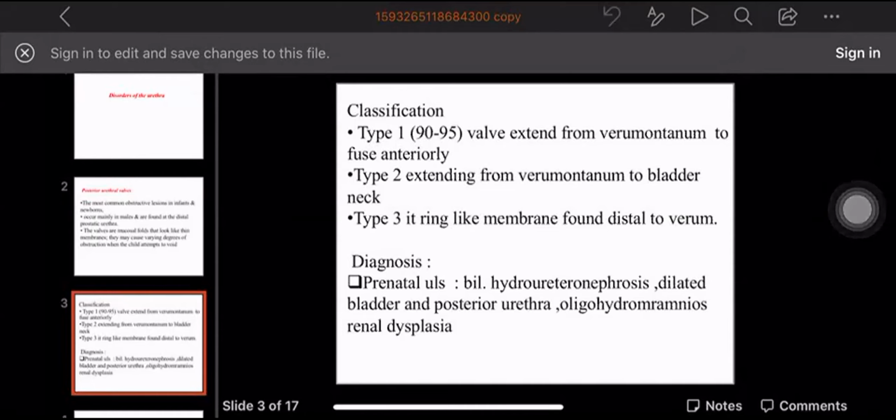The mother had oligohydramnios, and the baby has bilateral hydroureteronephrosis. This gives us an idea about obstruction of the urethra. So the most common obstruction is the posterior urethral valve. Okay.